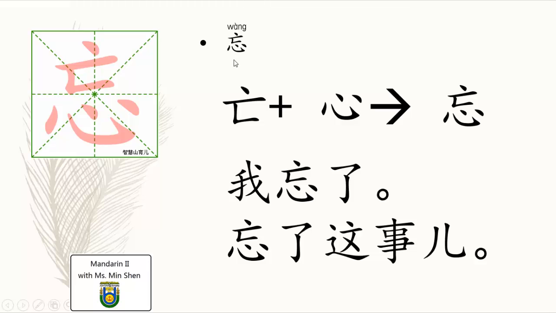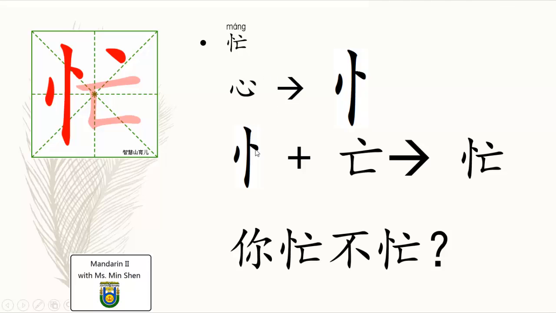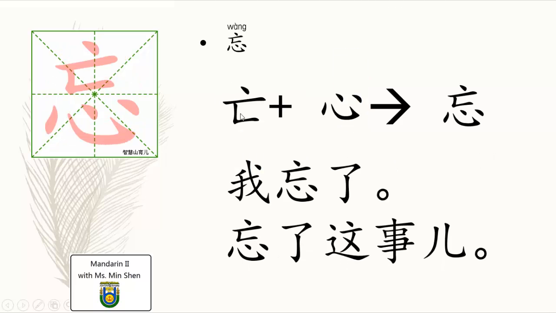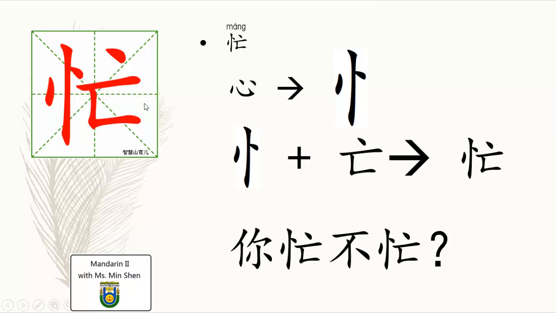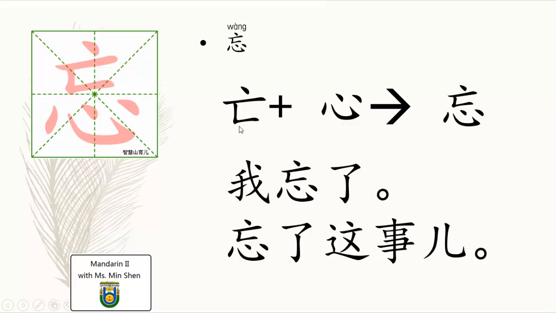Next one, still, right? You can see this is heart together with 王. And there is another character, still 王 with heart, but a different structure. In the character 忙, busy, the structure is left and right. But this structure, even though the same components, is up and down.